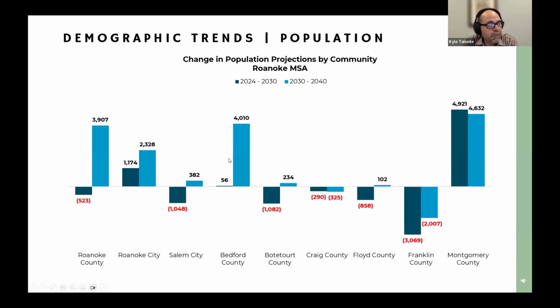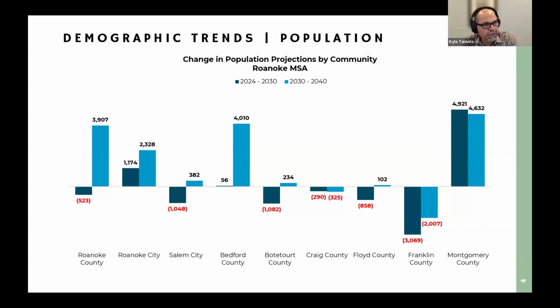What you're looking at here is a comparison of the different municipalities around Roanoke County and what their projected population changes are. As you can see, Roanoke City and Montgomery County, where Christiansburg and Blacksburg are, actually have seen net population growth. That's not terribly surprising. Those are the two communities that have the most walkable and highly amenitized neighborhoods in which to live.